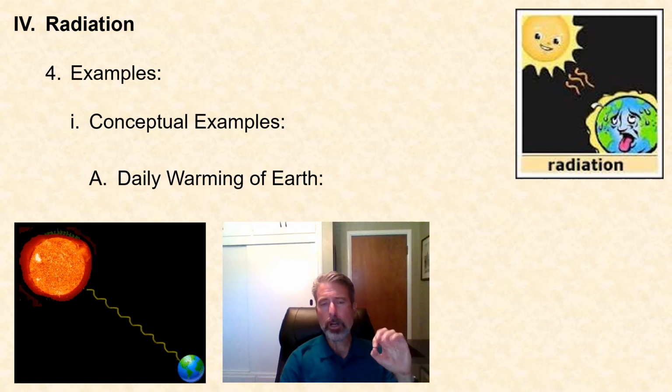So we will now turn our attention to some examples involving this very important method of heat transfer that we call radiation. Starting with perhaps the most important example, which gives us life here on Earth. Without this method of heat transfer, life, you, me, would not be possible. So the daily warming of the Earth. The Earth warms each day as a result of the radiation that gets transferred to the Earth from the sun.